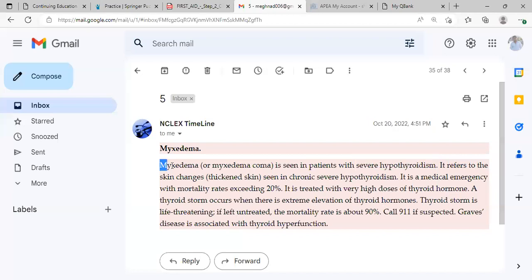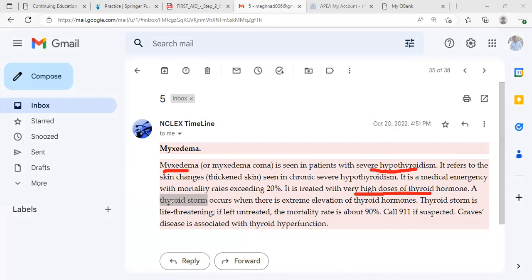So myxedema coma and thyroid storm are just opposite, right? I said myxedema coma is because of severe hypothyroidism, and the patient needs thyroid hormone replacement.